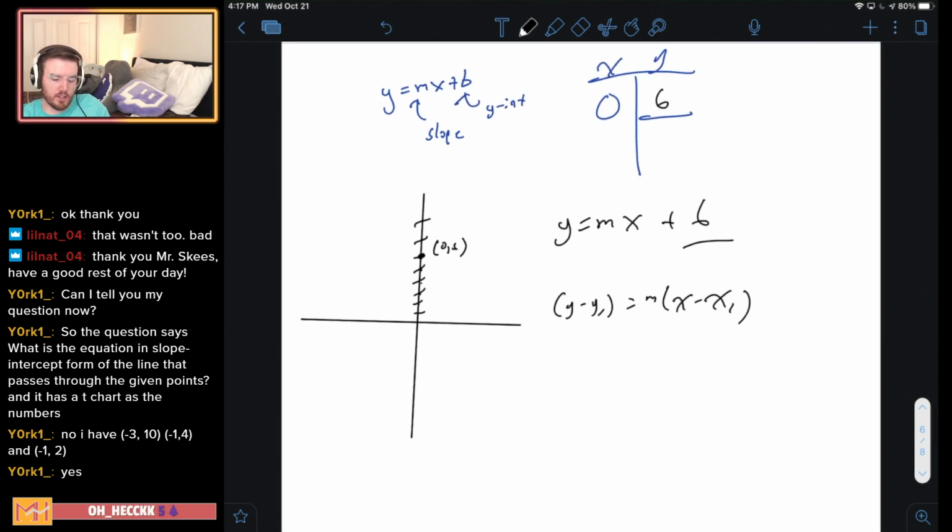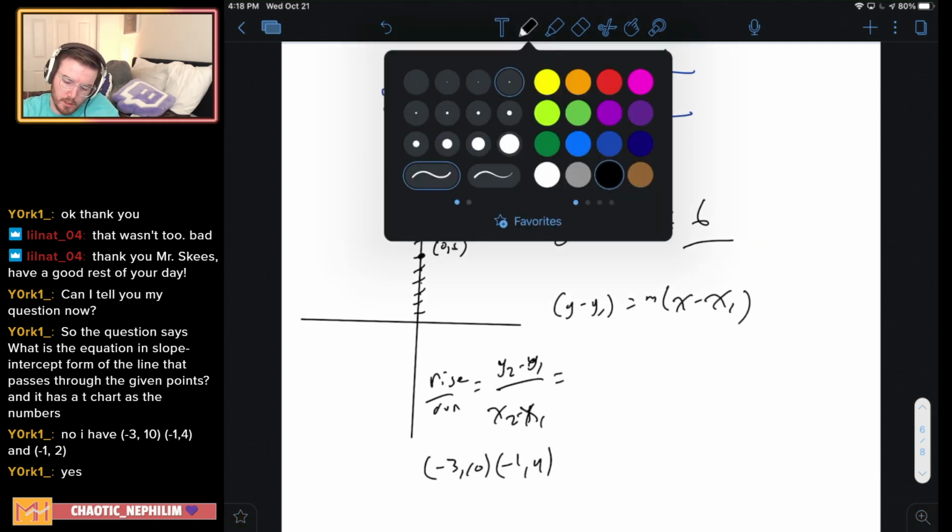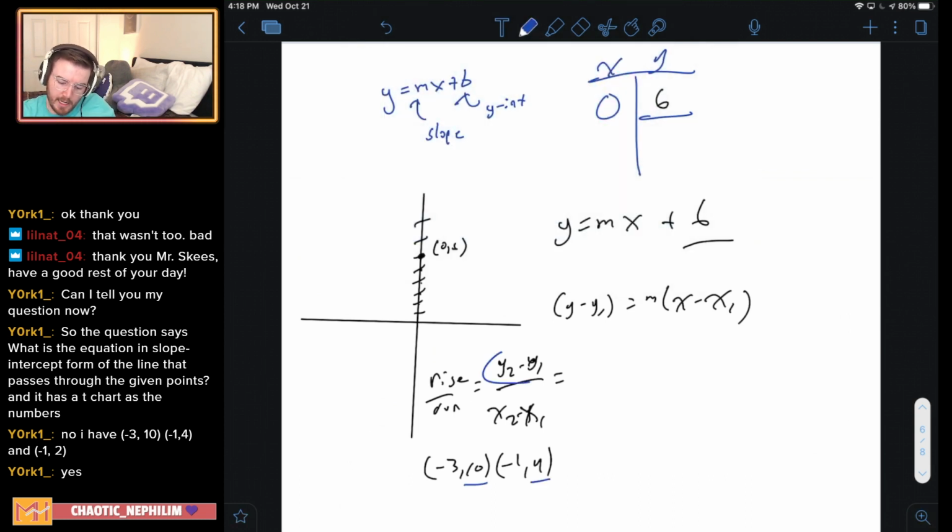All right, so find the slope. Rise over run. So y2 minus y1 over x2 minus x1, right? So I'll use your points -3, 10 and -1, 4. Let's find the slope. So y minus y over x minus x.